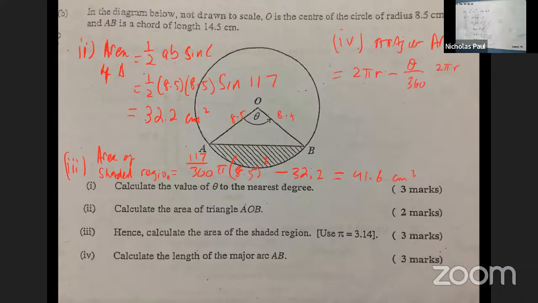Correct? Can we do that? Any shorter way, Olia? Is there a shorter way? Yeah, part 4. Instead of working, our next way is to take 360 minus 117 and multiply that by 2 pi r. Copy down. How much is that?